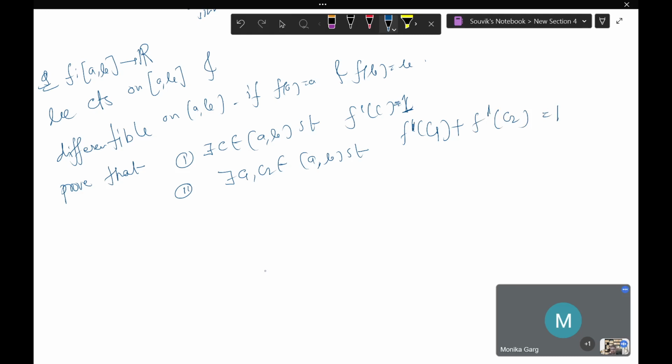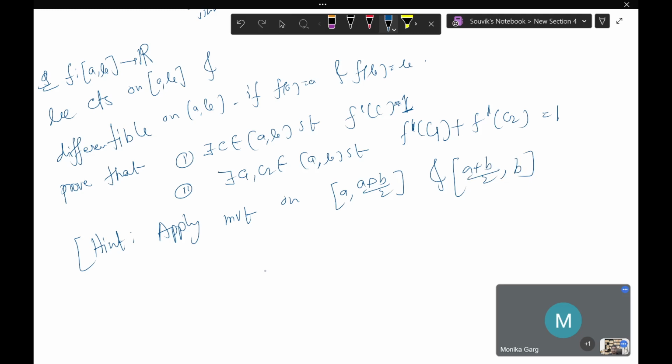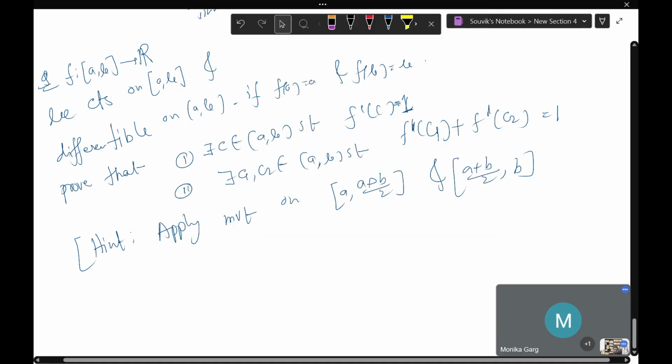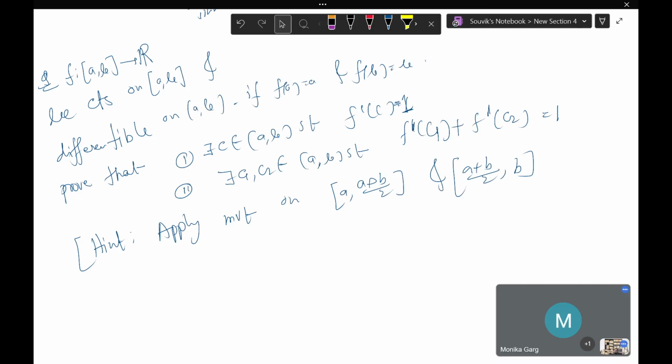So the hint is the mean value theorem. The first part can be easily done by mean value theorem. f(b) minus f(a) upon b minus a is equal to f'(c).